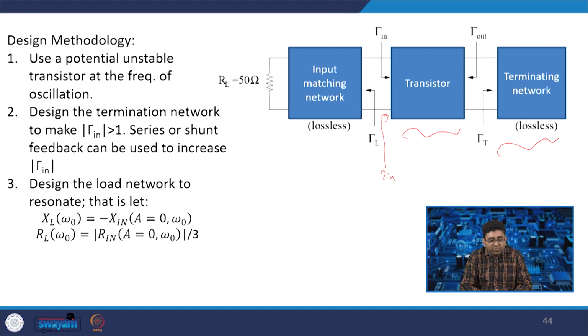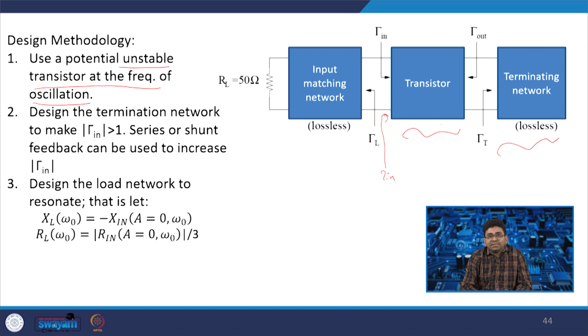So, first is use a potentially unstable transistor. Your transistor should be potentially unstable at the frequency of oscillation, and you can ensure that by designing various topologies that we already have seen, or you can choose a certain terminating network which will provide you a potentially unstable transistor at your desired frequency.